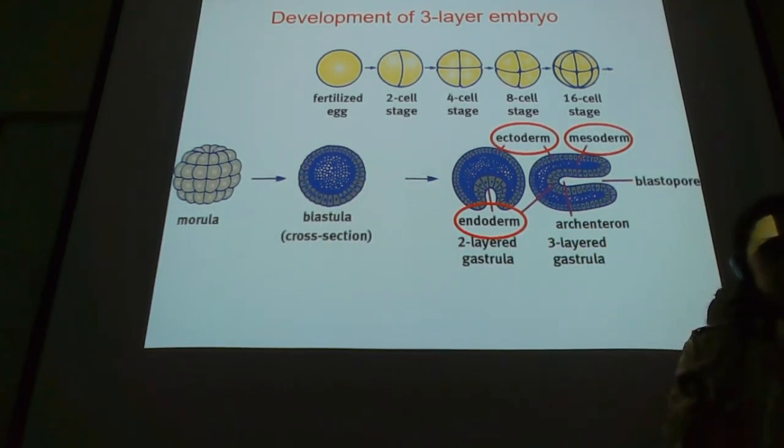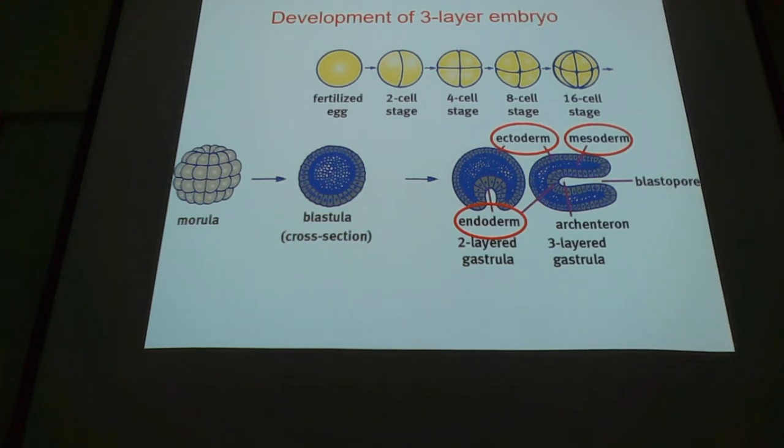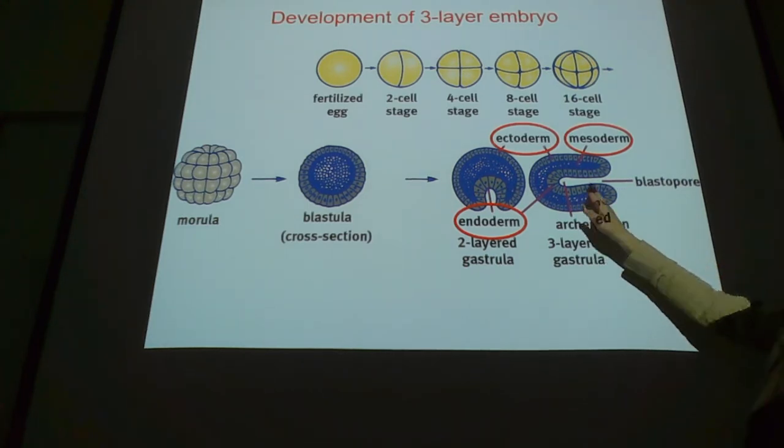There are no cells in there. It's a gelatinous material. That's one of the differences. Remember, there's always some passage. The first organisms of a group may be a little bit different than the following ones, okay?